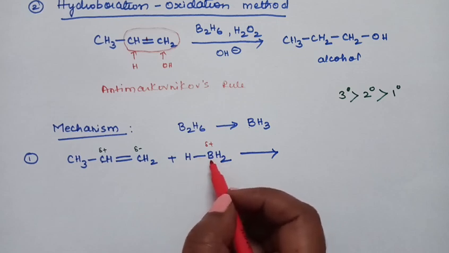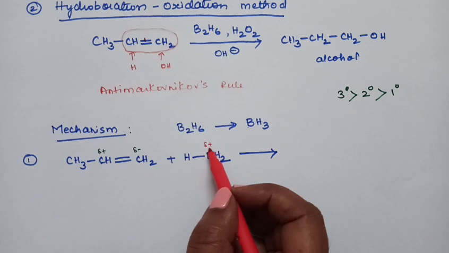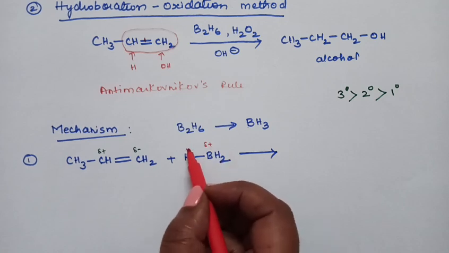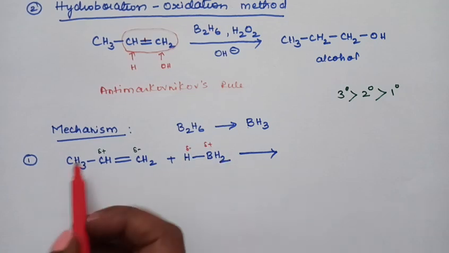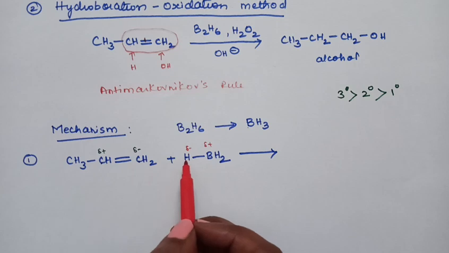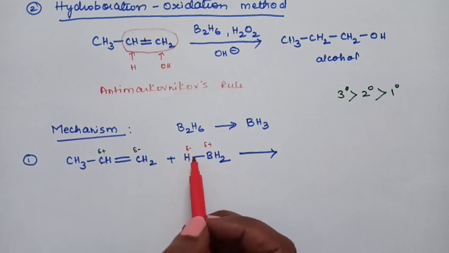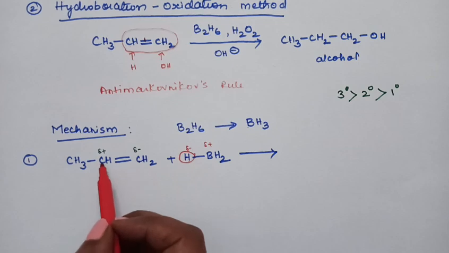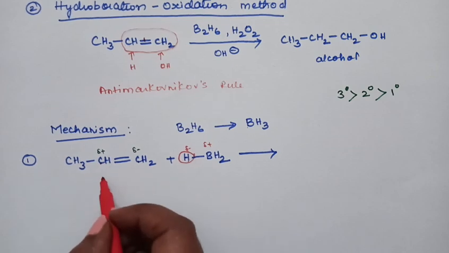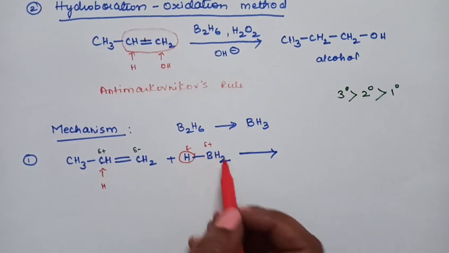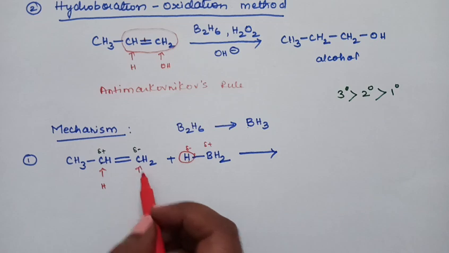So it is deficient of electron. So deficiency of electron means it will be having positive sign. And hydrogen will be having negative sign. So to the positive sign we are going to add negative sign atom, which is hydrogen. So hydrogen should be added to this carbon. Add hydrogen to this carbon and remaining BH2 add to this carbon. So BH2 you have to add to this carbon.